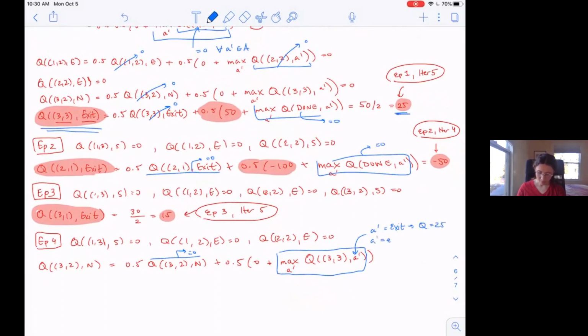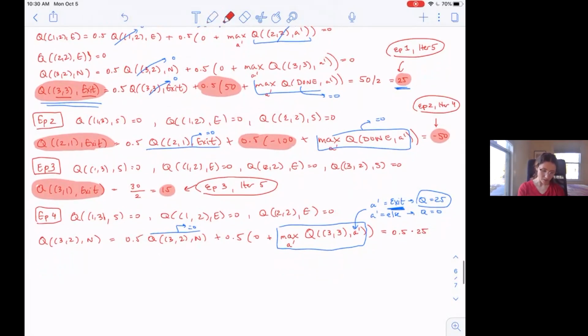If a prime equals anything else, then I get Q equals 0. So if I'm trying to maximize the Q value here, I'm going to choose to exit, and I'm going to acquire 25 as my Q value. And so this means that here we're going to get 0.5 times 25 as our updated Q value for the state 3,2 when we're taking the action north.